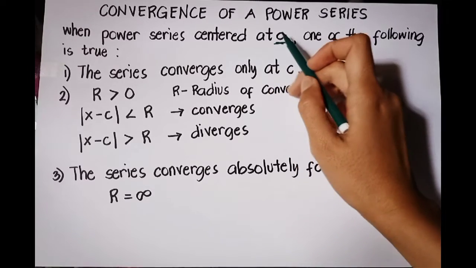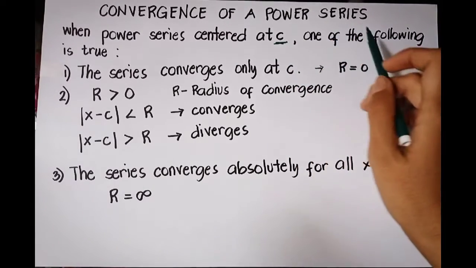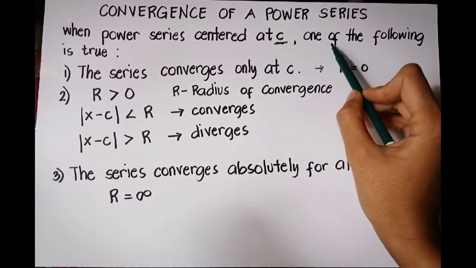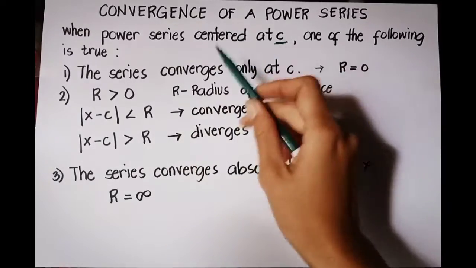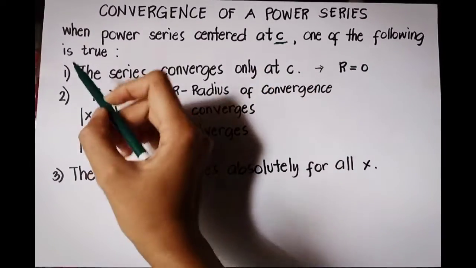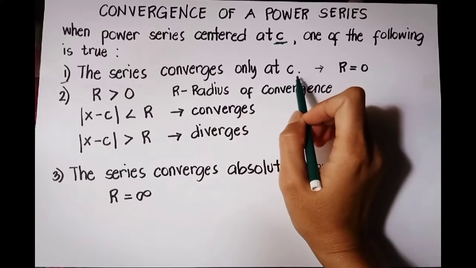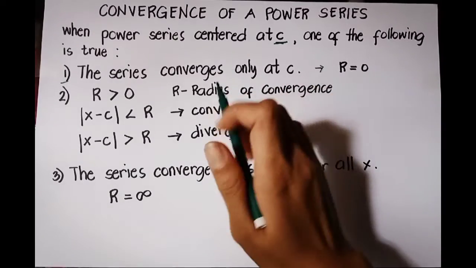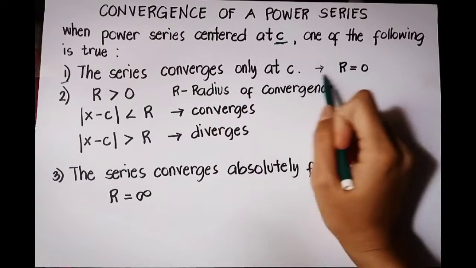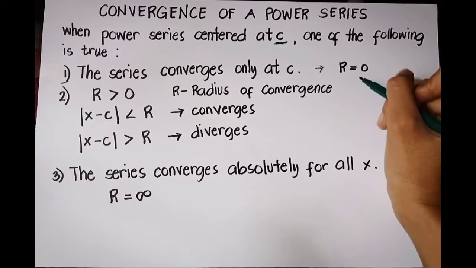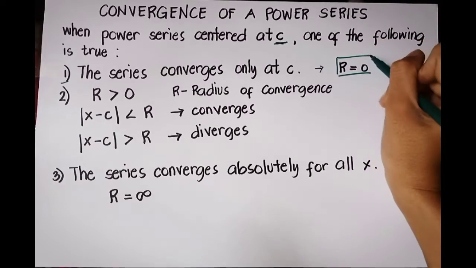Don't forget that c here is any constant number. First case, the series converges only at c. So if the power series converges only at c, then the radius is equal to 0.